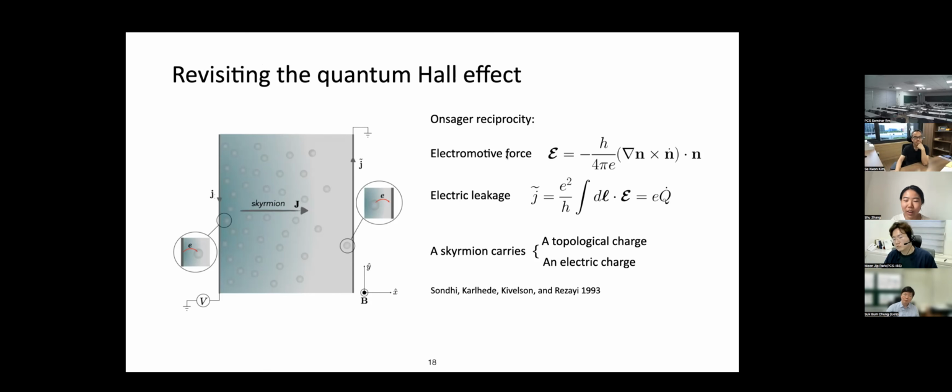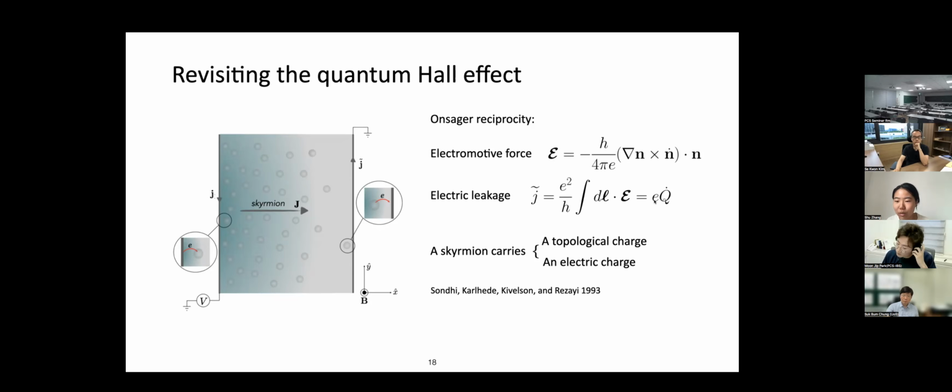And that's why we have an electromotive force at this boundary, which is written in this form. And this gives rise to a current. So this is simply the electromotive force times the Hall conductivity again.